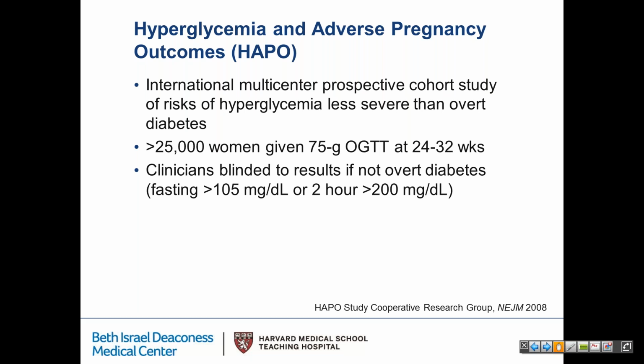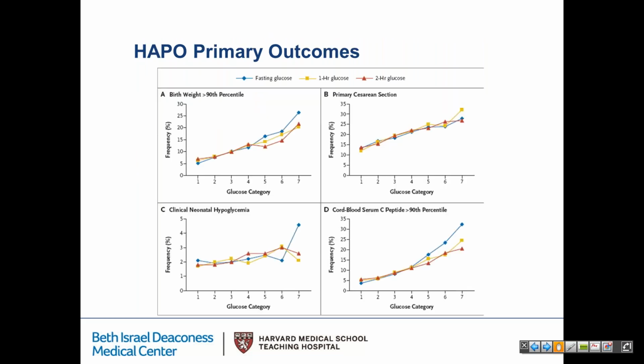So this was a huge prospective cohort study that looked at the risks of hyperglycemia sort of less severe than what had qualified for treatment in other trials previously. They gave an enormous number of women a 75-gram oral glucose tolerance test at 24 to 32 weeks. And as long as they didn't have an elevated fasting or an overtly elevated 2-hour value, the clinicians were blinded to the results. And then they just mapped out what happened in that group of patients.